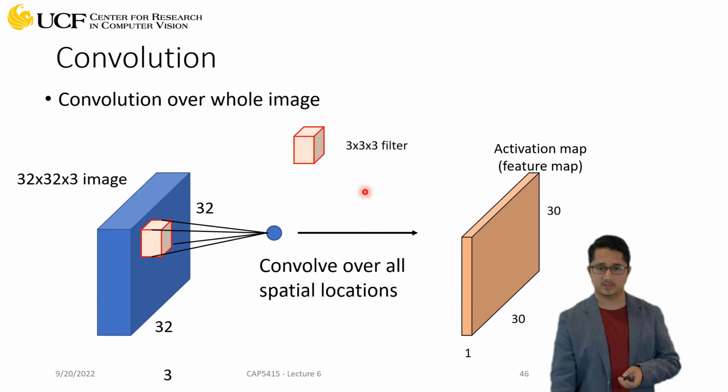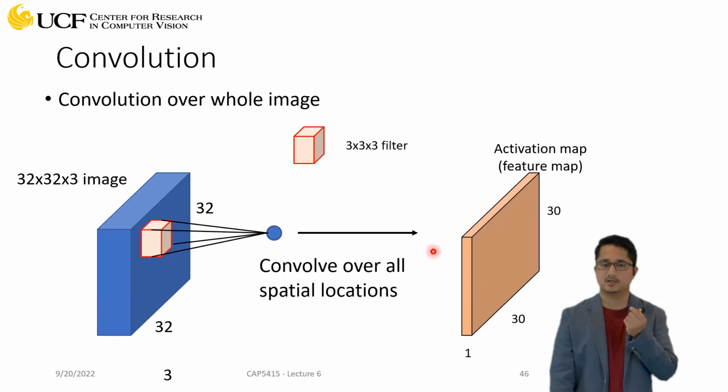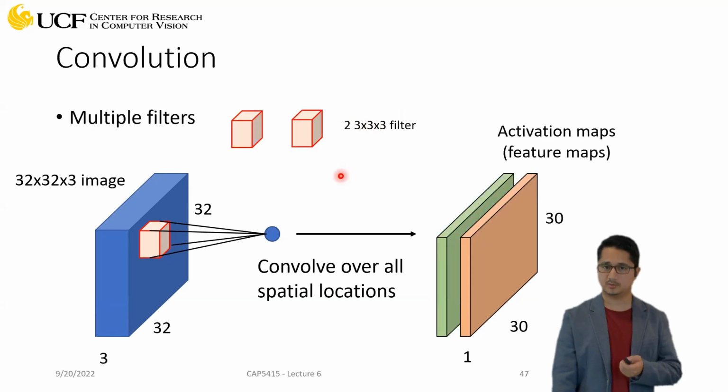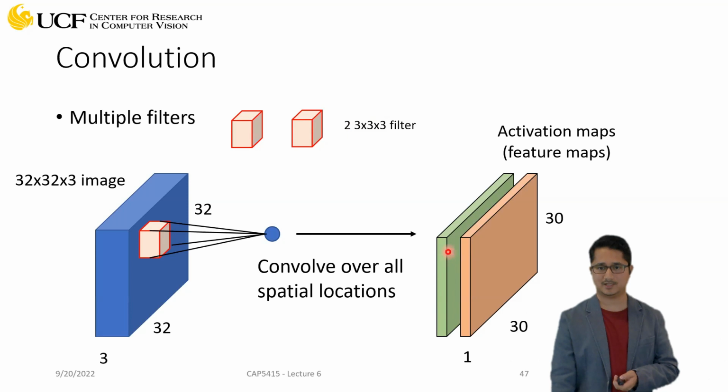Okay, so this is a single convolution operation happening inside your convolutional neural network. And what you do is you don't just use one filter. You use multiple filters, and not just 2 or 3, a lot of these filters. So for each filter, you will get a similar activation map.